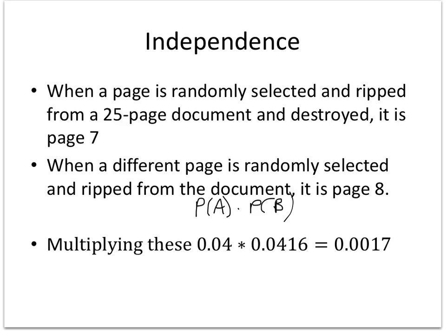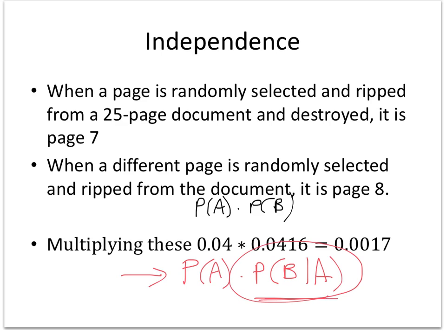This is saying take the probability of the first event times the probability of the second event given the first event has happened. And this is very, very important that you understand this, because this probability can certainly be different if you have dependent events.